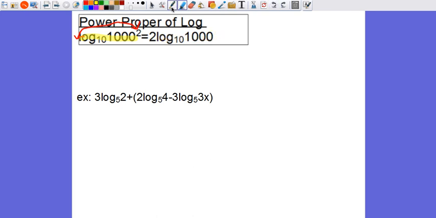Let me just highlight one of them. Now let's do log base 10 of 1,000 on the right side. Log base 10 of 1,000 equals question mark.